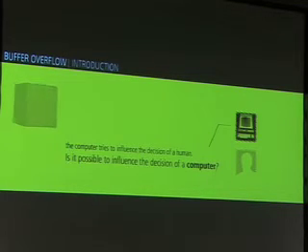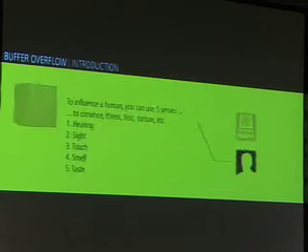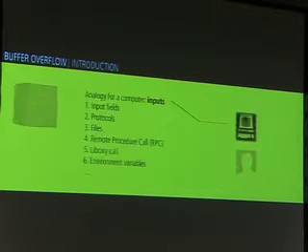But is there another solution to modify the decision of a computer? If we look at the case of a human, you can use senses: hearing, sight, touch, smell, taste. And with them, you can try to convince the human, to threaten him, to make him fear, or to torture him, always in order to influence his decisions.